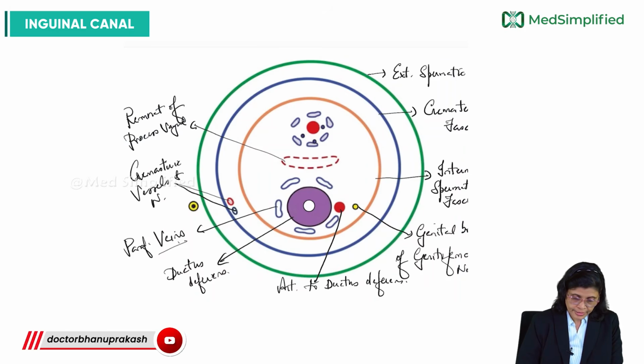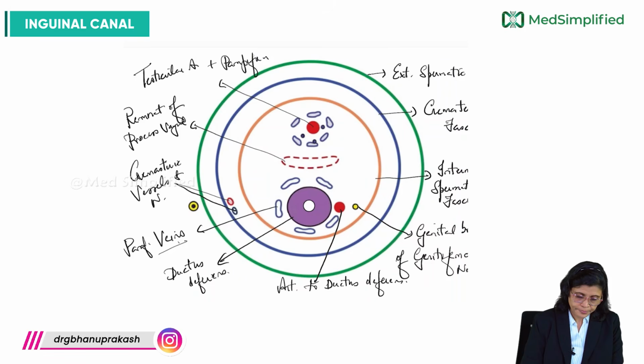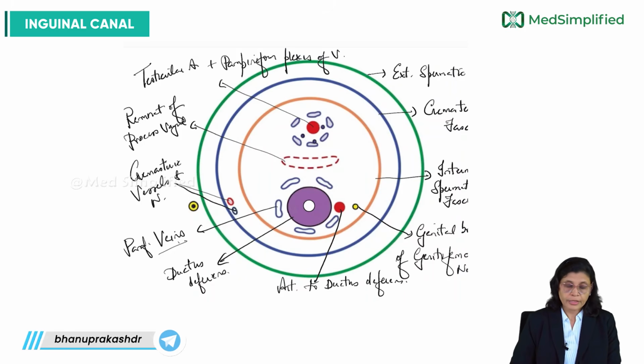And here we can see the testicular artery with the pampiniform plexus of veins. So these structures we see within the spermatic cord.